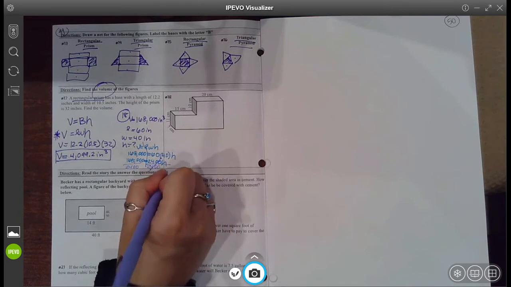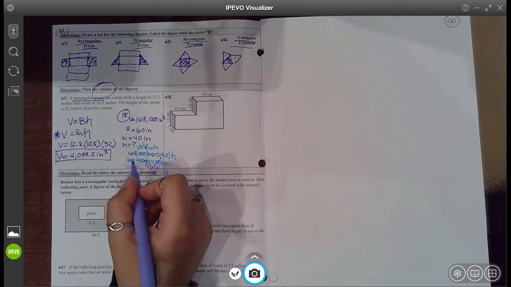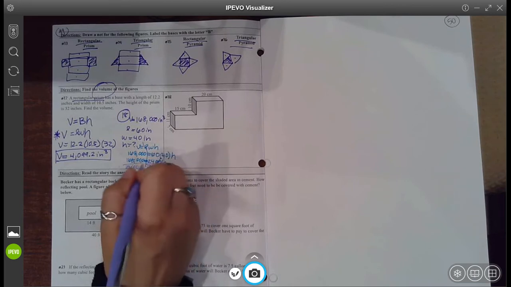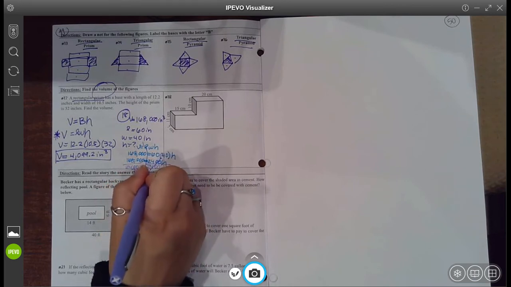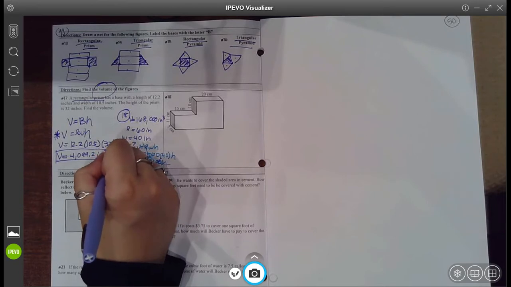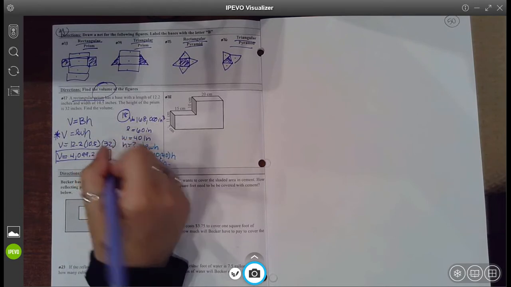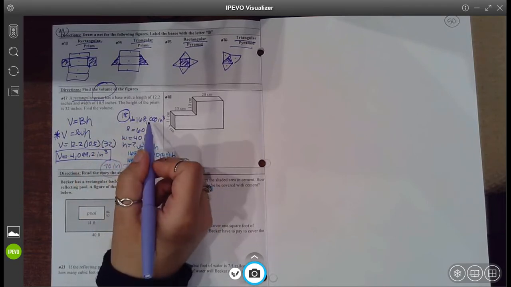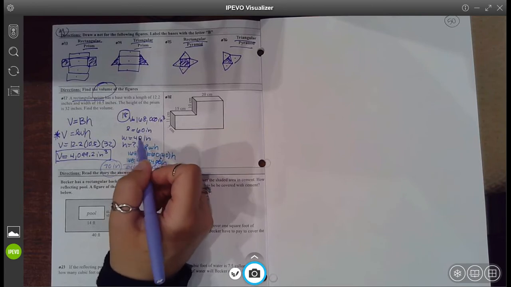So now you have 1H equals 168,000 divided by 2,400, you get 70. So that would mean that your height would be 70 inches, if they told you the volume was 168,000, the length was 60, and the width was 40.